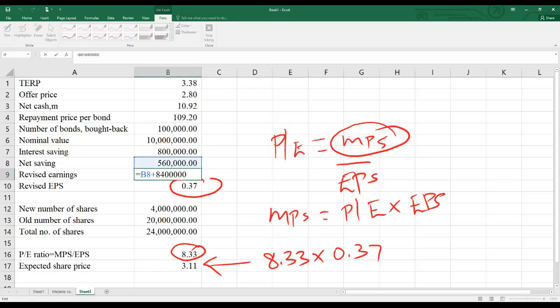I've seen it. Plus 560, the net savings we are making. Okay, great. It's in the question.